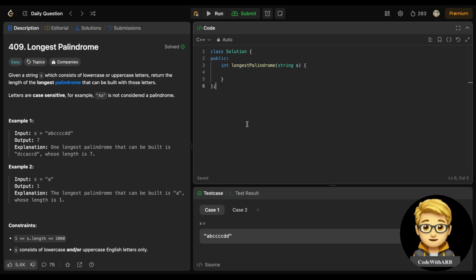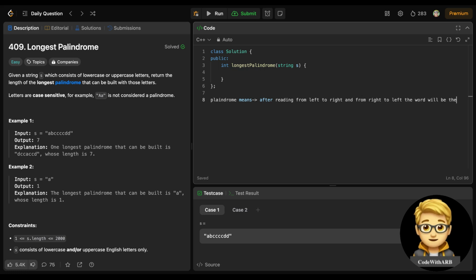Okay, so what does palindrome mean? Palindrome means the starting character and the last character, the letters, after reading from left to right and from right to left, the word will be the same.